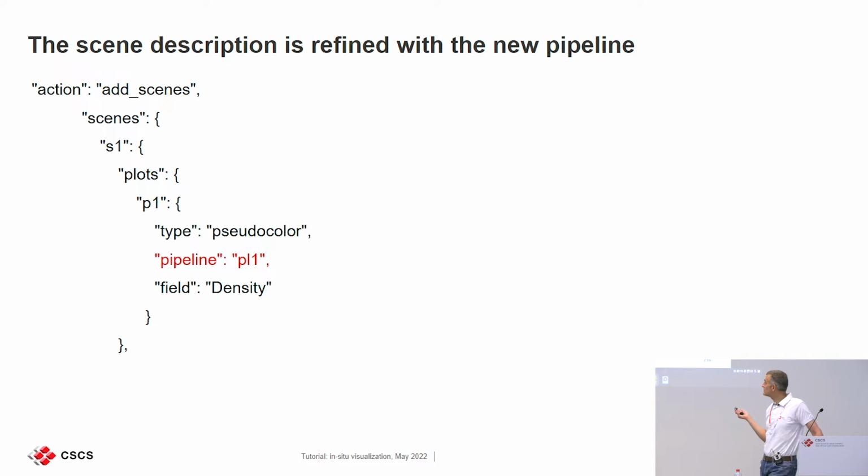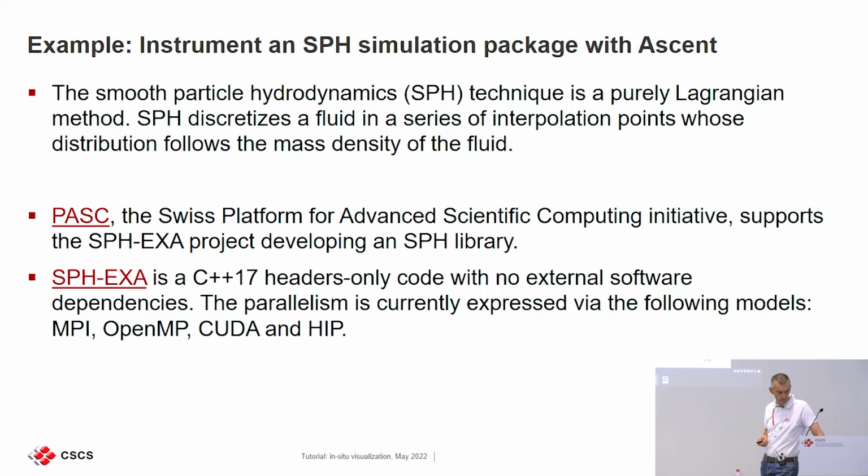The scene description specifies the particular pipeline, so it will do a pseudo-color mapping of the field density based on the result of the pipeline F1.